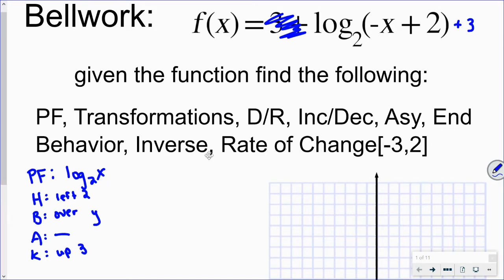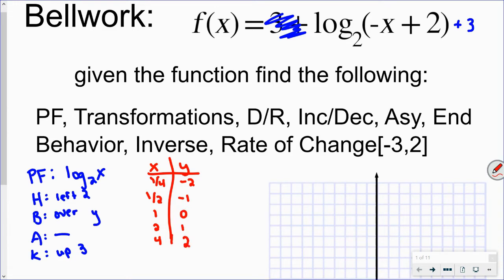So for log base 2 of x, that parent function, we're going to look at our xy table. So that would be 1/4, 1/2, 1, 2, and 4. We went over how to get those. There's a pattern there: -2, -1, 0, 1, and 2.